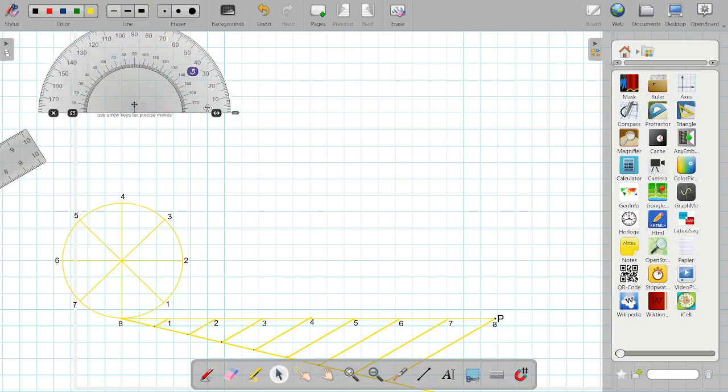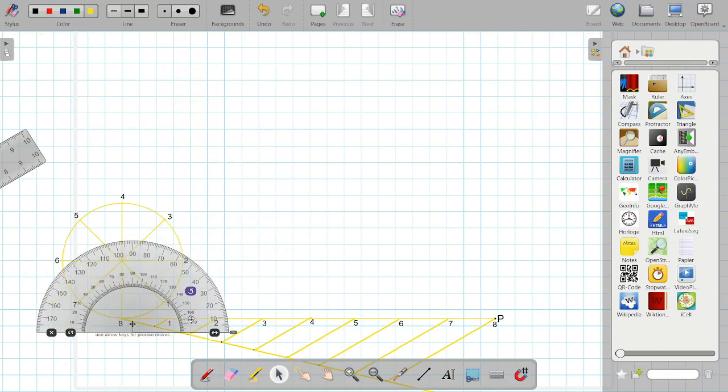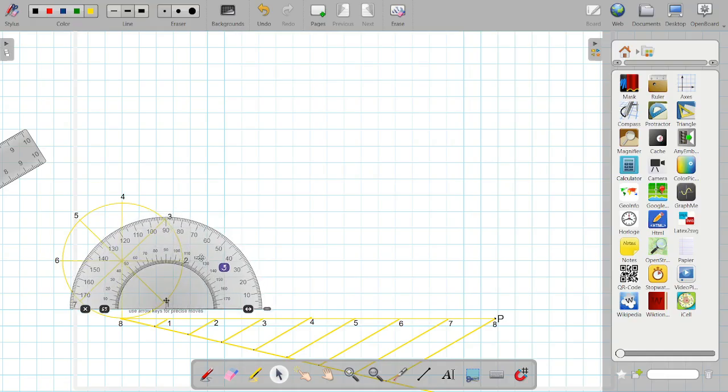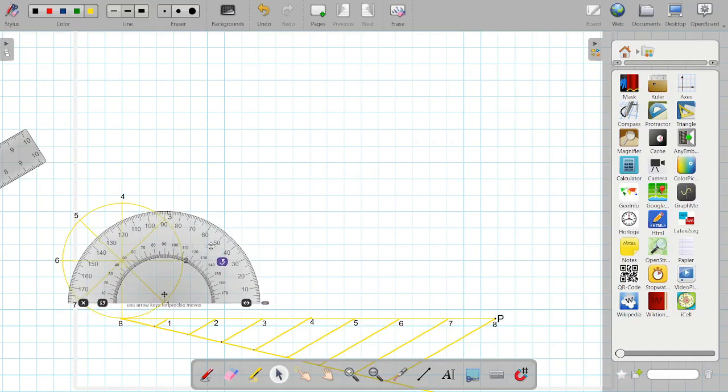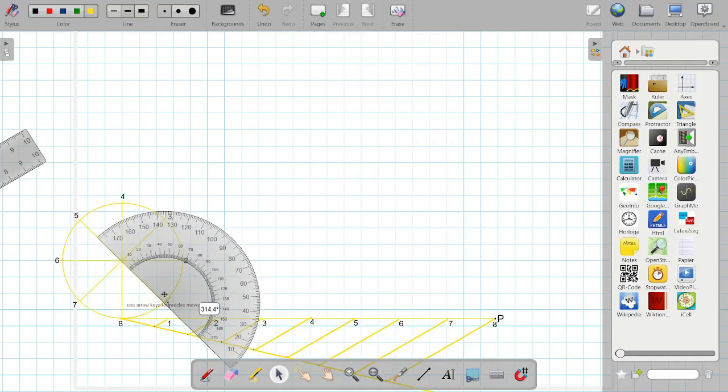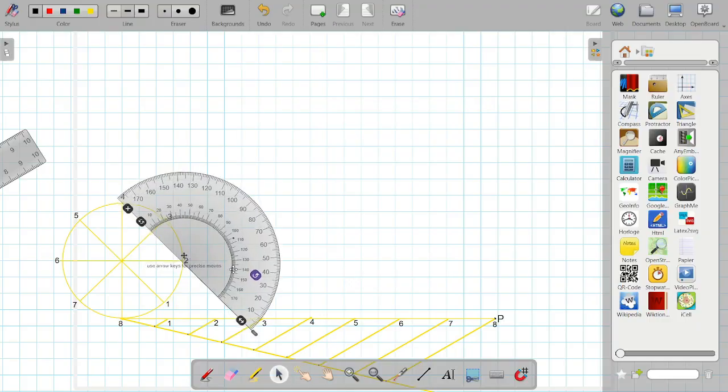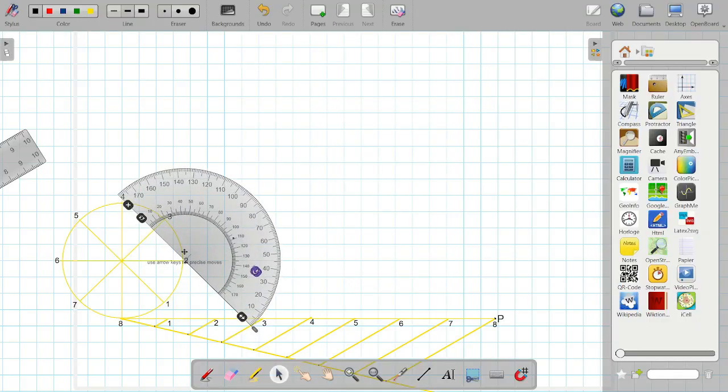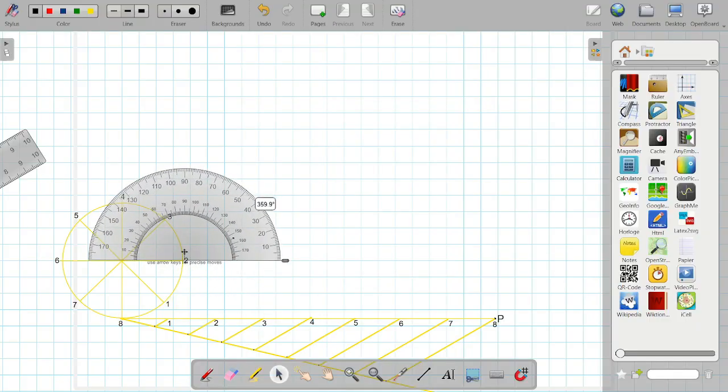To make the tangents, we know that a tangent is always at 90 degrees. So I will keep the protractor at this point and measure 90 degrees. So 90 is somewhere here. We will just mark it. Then similarly from point 2, again I will measure 90 degrees.